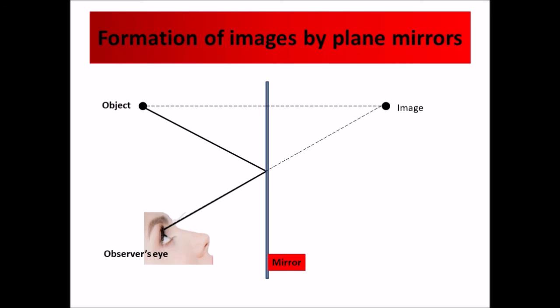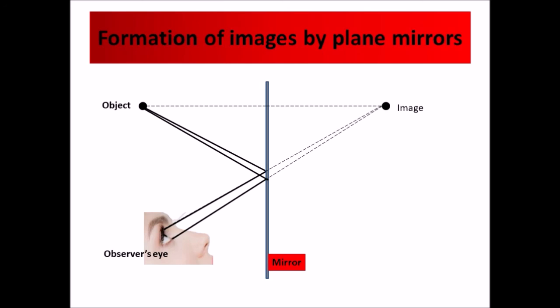After doing that, we repeat the same for the lower part of the observer's eye. So we draw a line from the image to the observer's eye, like that, using a ruler, followed by the incident ray from the object to the point of reflection, and then from the point of reflection to the observer's eye.